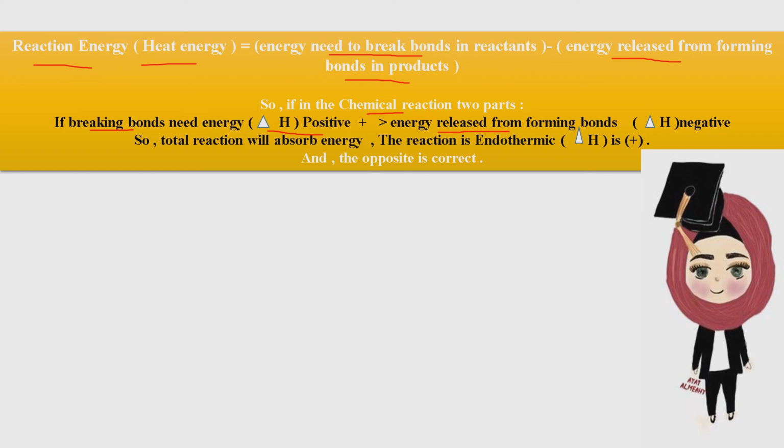So if your reaction is exothermic, be sure that the energy released from forming bonds is greater than the energy required for breaking bonds in the reactants. Otherwise, the total energy will be absorbed in the chemical reaction. If the total energy is absorbed, the reaction is endothermic, and the opposite is also correct.